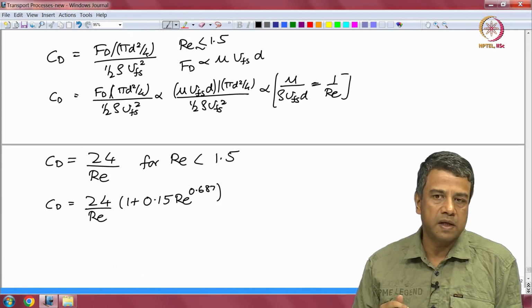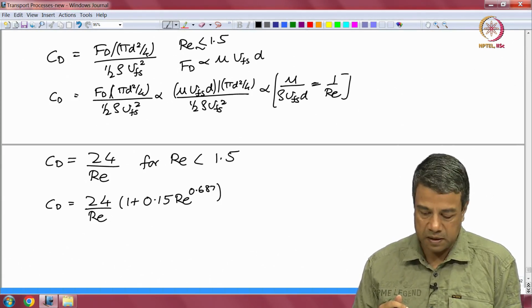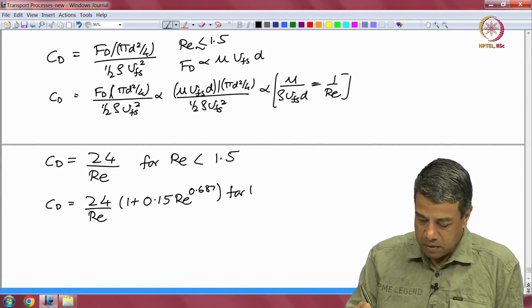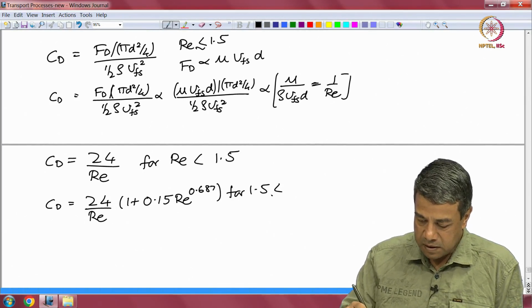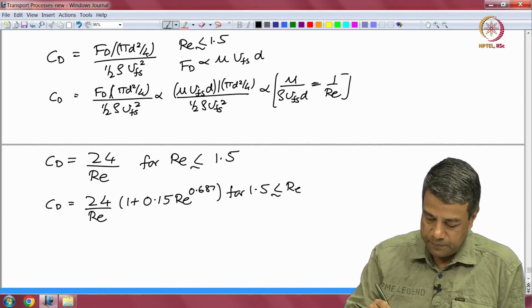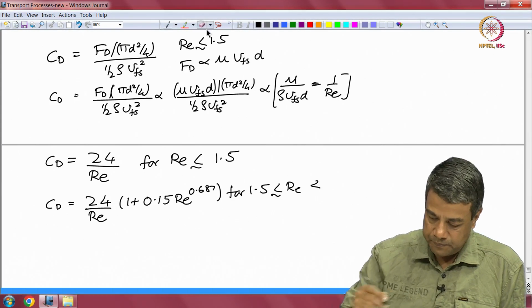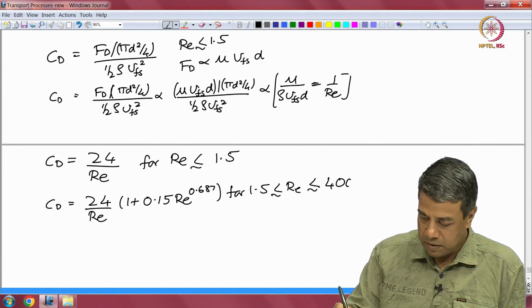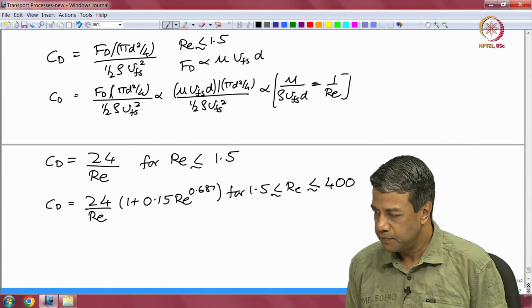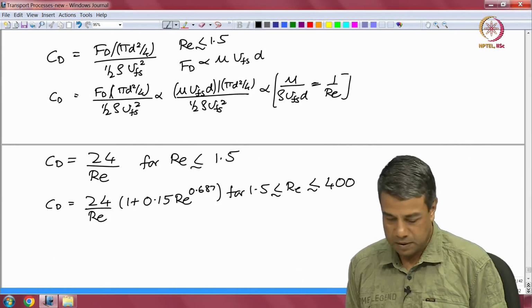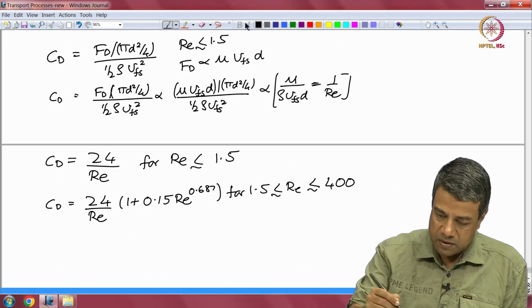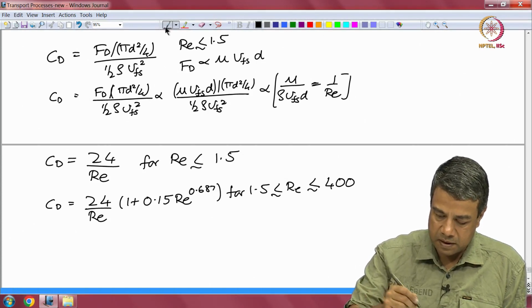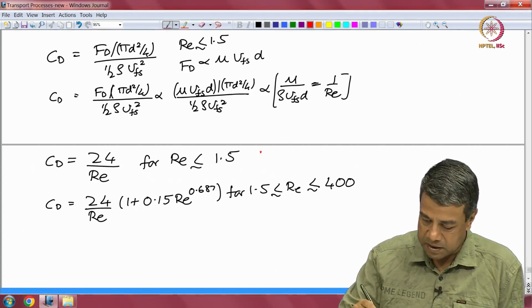In this case, it is an empirical calculation fitted to experimental data. This works for 1.5 less than Re less than about 400. So, this is almost identical to the first result that we get. This is basically Stokes' drag law.